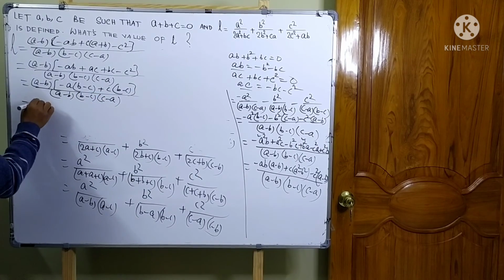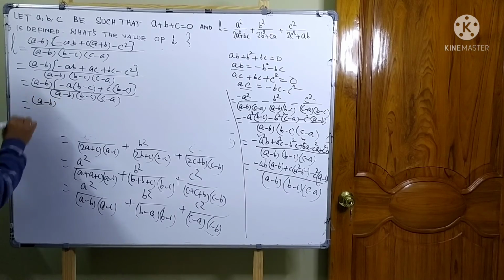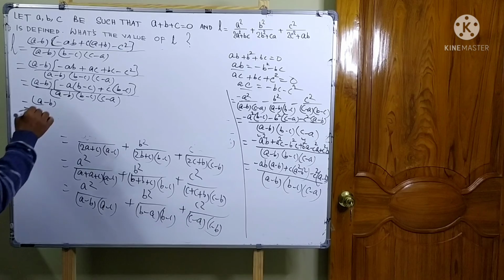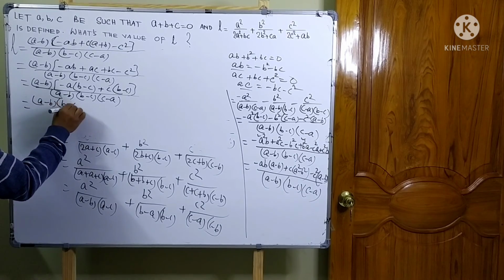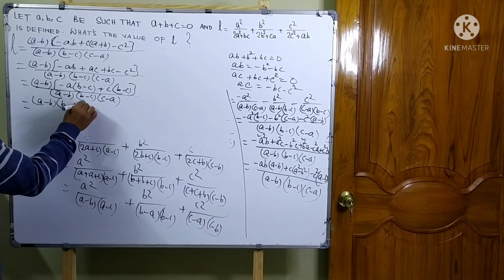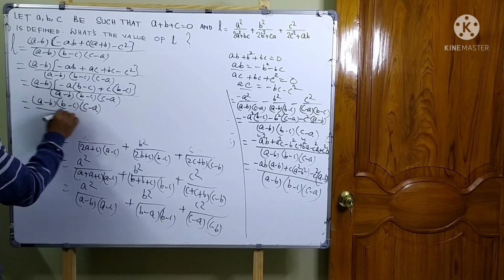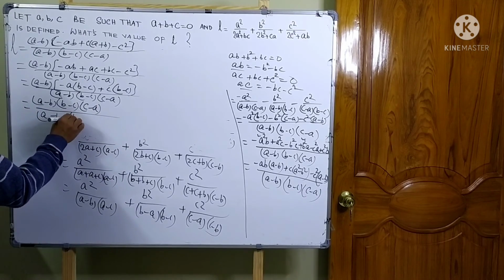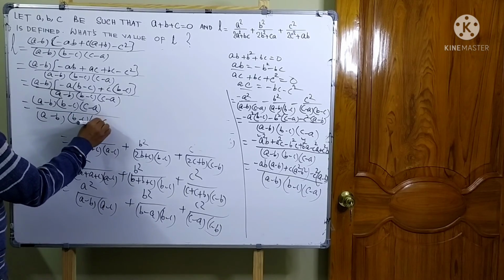The numerator is a minus b, b minus c multiplied by c minus a, over a minus b, b minus c, c minus a.